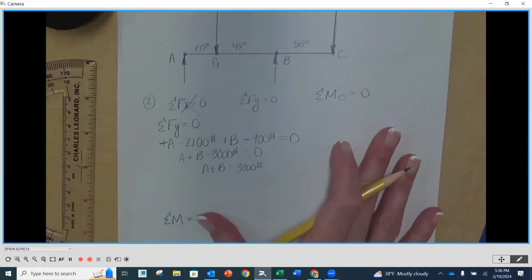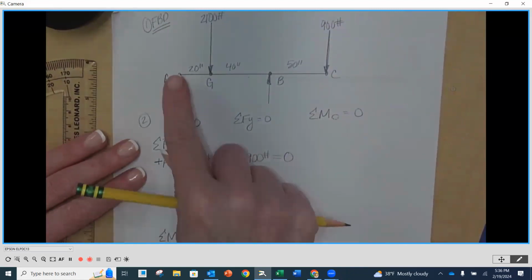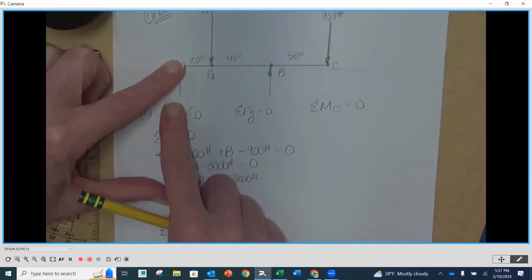As we look above, the two unknowns that we have are A and B. And as you know, if I sum around a point, anything that's on that point is going through the point and not causing rotation and won't be included in my moment equation, right? Because there has to be an offset distance. So for instance, if I put my finger on A, does the force at A cause rotation?